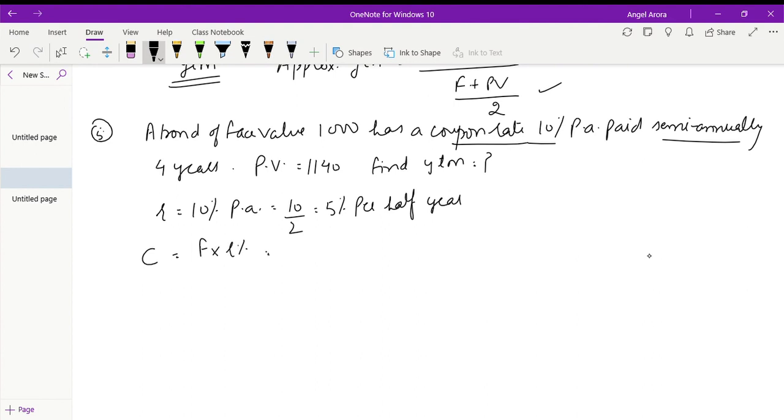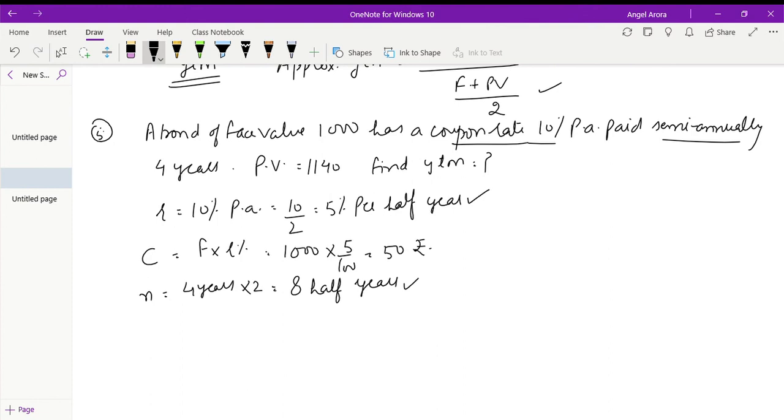Face value is 1000 into 5 upon 100. So it will be 50 rupees. N is 4 years. Multiplying it by 2, we get 8 half years.